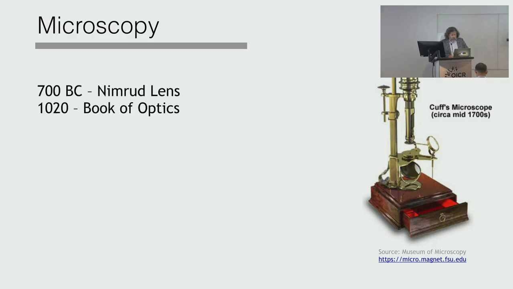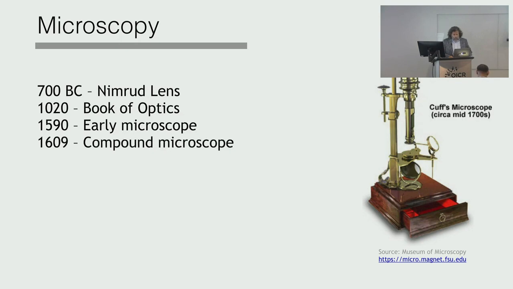Perhaps the history of microscopy starts with the Nimrud lens, a piece of rock crystal that people used as a magnifying glass, and the Book of Optics that shed light on the relationship between optics and light some 1,000 years ago. In 1590 we got the early microscope, and Galileo Galilei gave us the compound microscope around 1600.